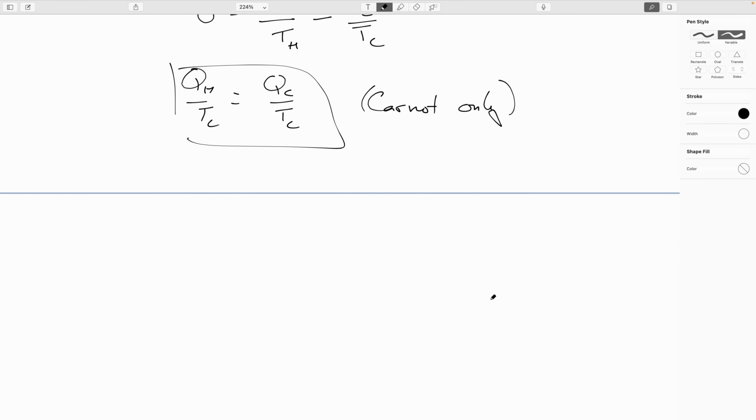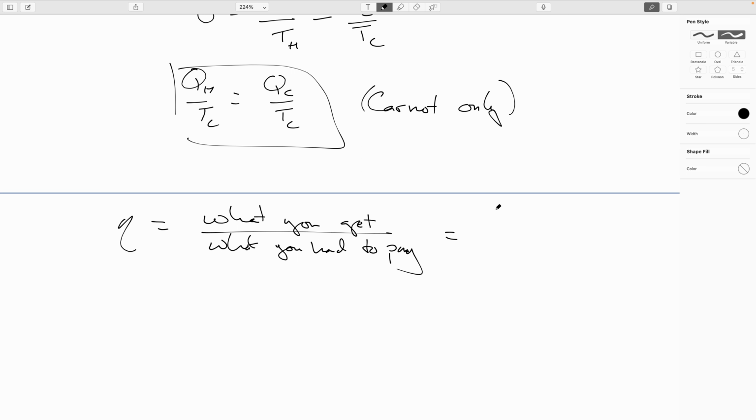However, if we go back to our usual definition of efficiency, we said that it's what you get over what you had to pay. So that'll be equal to the work we get out of this over Q hot, which is our energy.